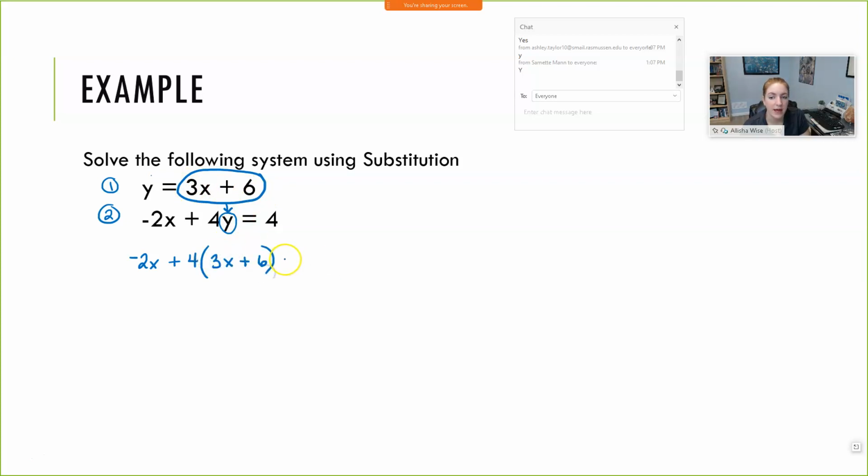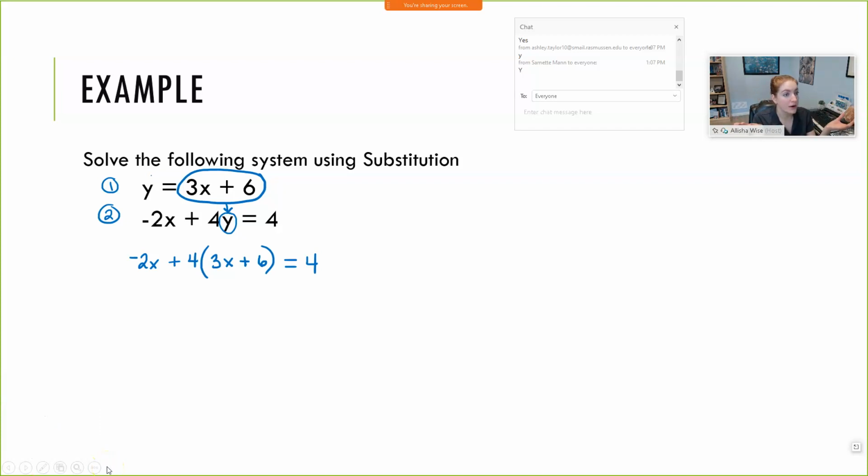Notice I put it in parentheses because this 4 needs to multiply everything in that parentheses. So be careful. Don't forget those parentheses.